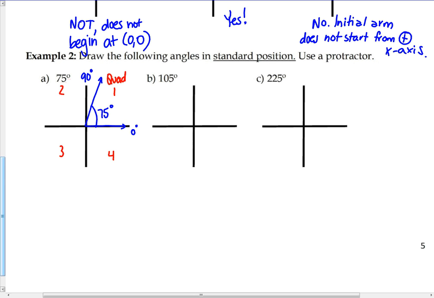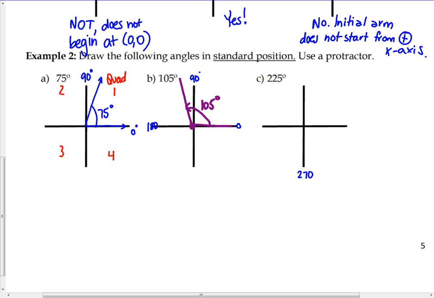So what quadrant would 105 degrees be? 2, yeah. It's past 90, so starting from the x-axis all the way to our terminal arm, that would be 105 degrees. Remember, we always start from the positive x-axis and origin. And 225, what quadrant would 225 be? 3.